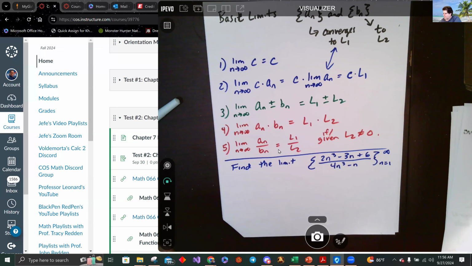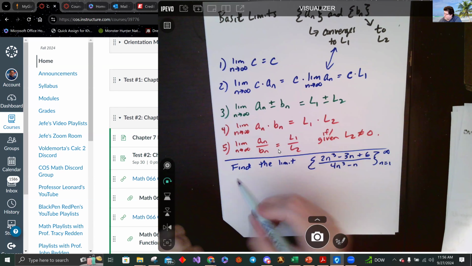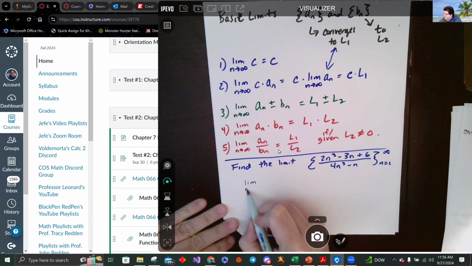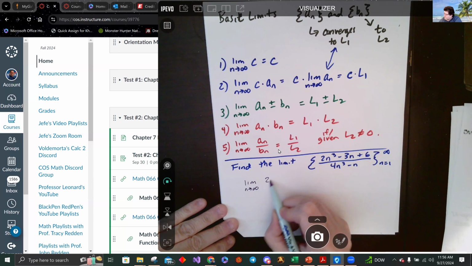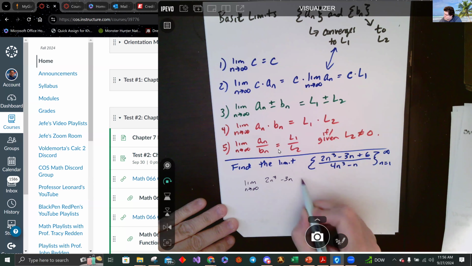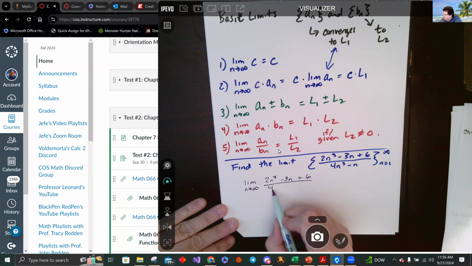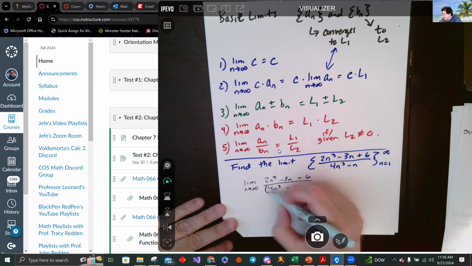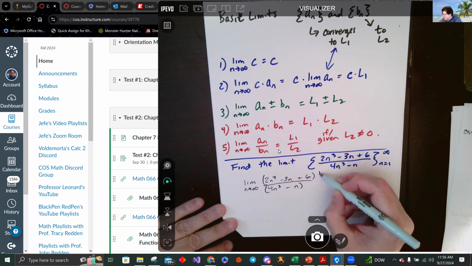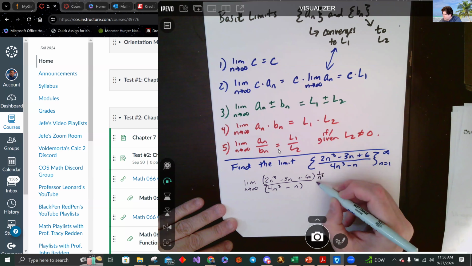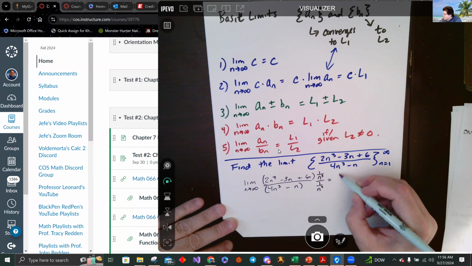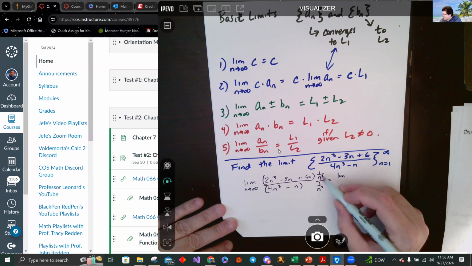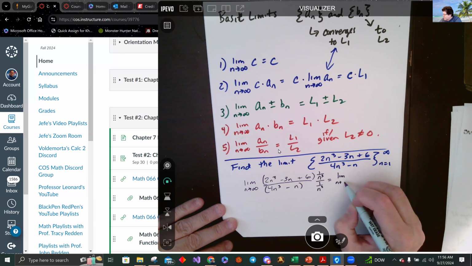All right, if you hit that with the limit, one of the strategies we used in doing limits is to divide by the greatest power on bottom. This is not 0, so we can do this.